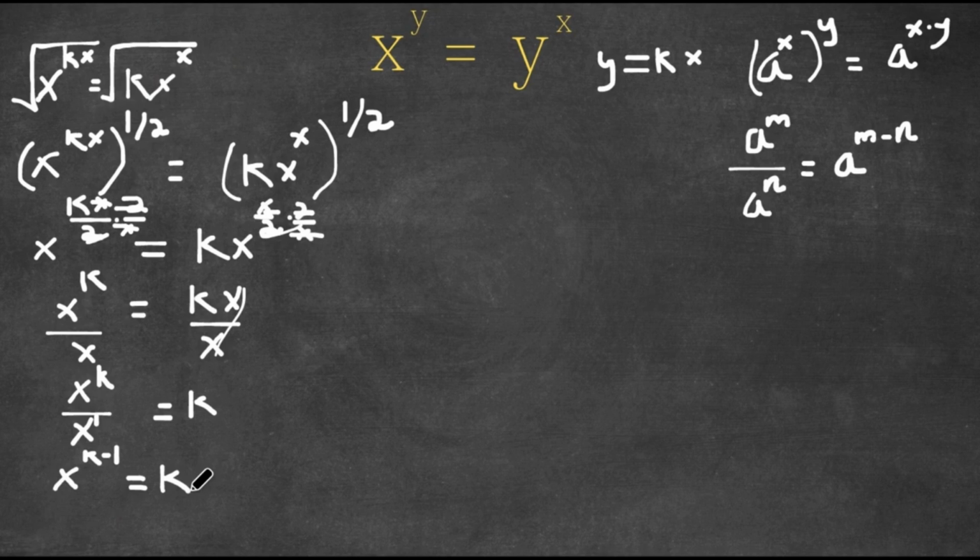Now I'm going to take the power of 1 over k minus 1 on both sides. So by doing that, this would cancel out. And over here, we'd have k to the power of 1 over k minus 1.